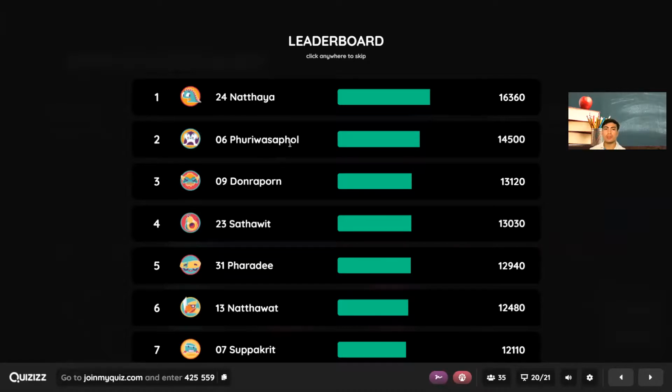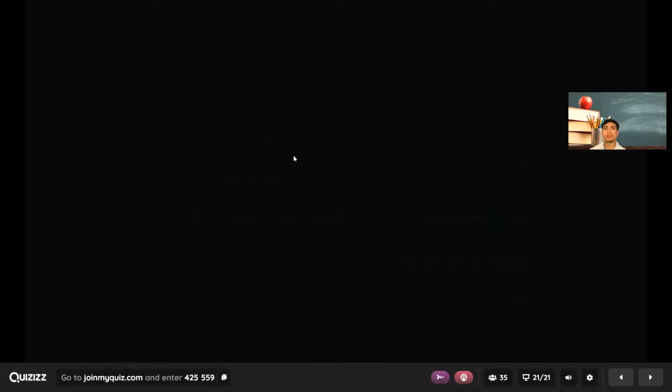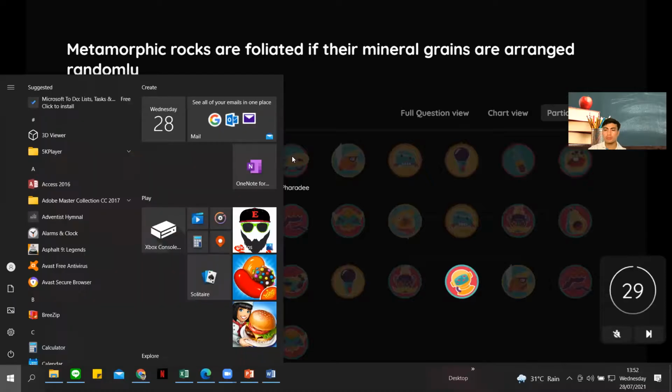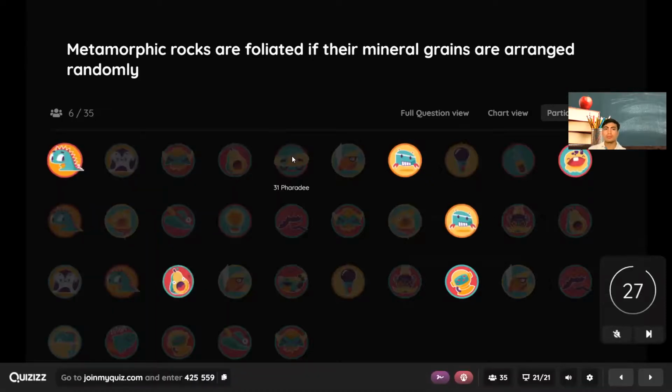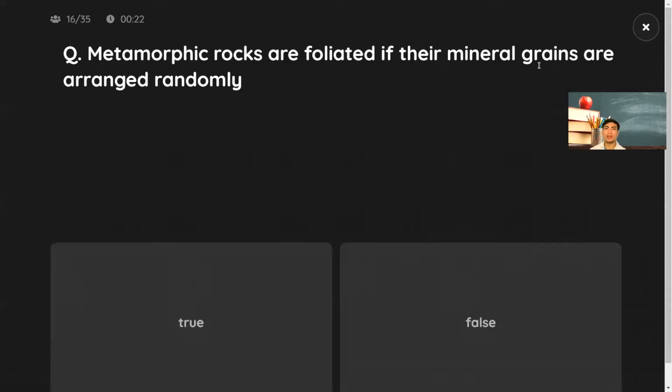Okay, Puriwasapol is now number 2. Okay, good job. Metamorphic rocks are foliated if their mineral grains are arranged randomly. True or false?